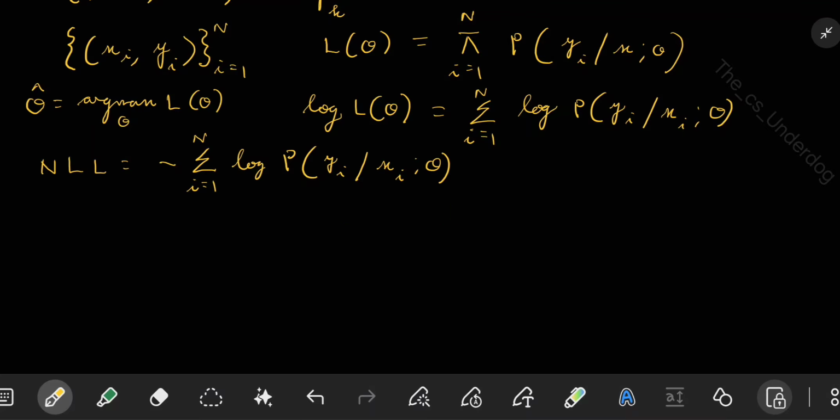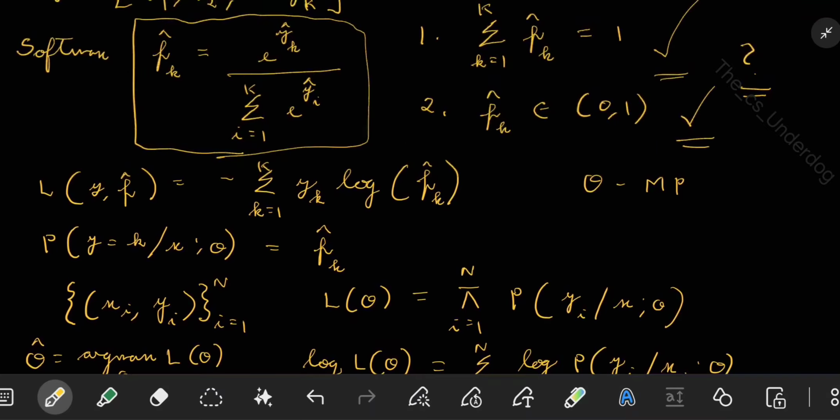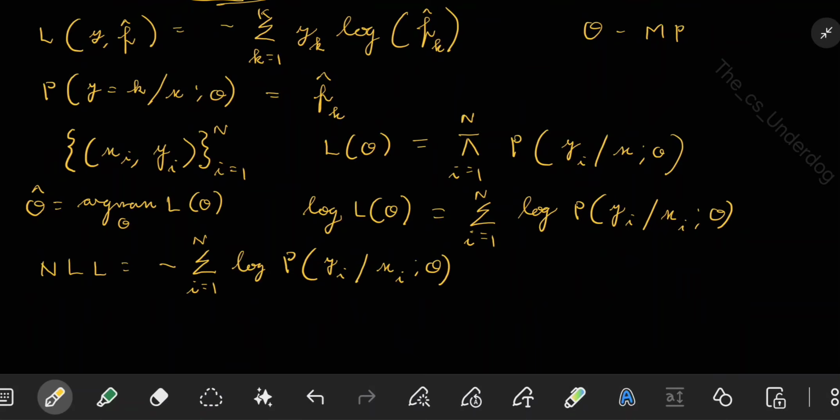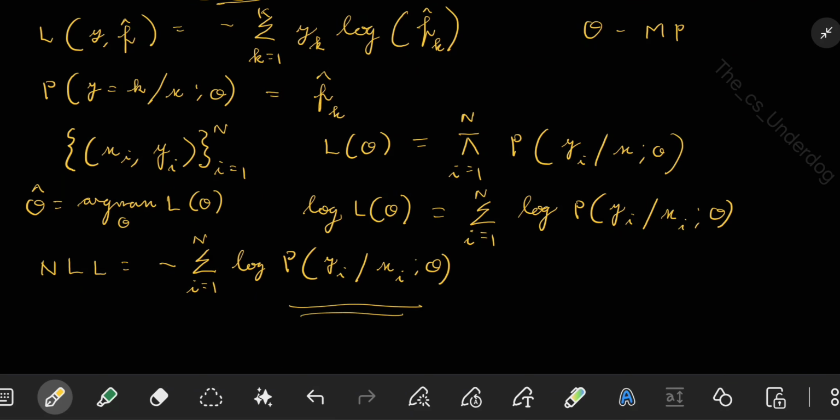Here I have told you it is your pk cap, that is whichever is the probability for that particular class, right? But the problem here is, you don't know which is the probability of true class. You have probabilities of all the classes. Mathematically, you want some way of expressing it such that this will show just the probability of true class.